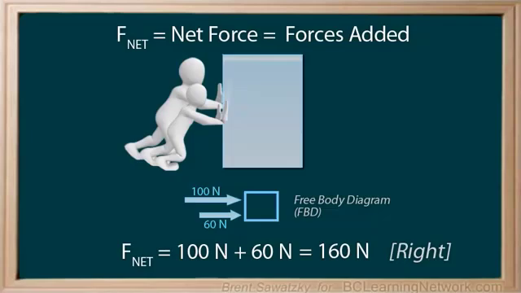So, we'd say that the net force on the object is 160 newtons to the right. The change in motion of the box would be as if there was just a single force of 160 newtons to the right.